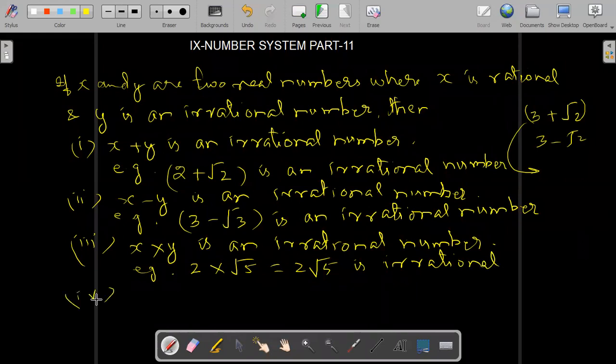Similarly, if we divide x by y, then it is also an irrational number.